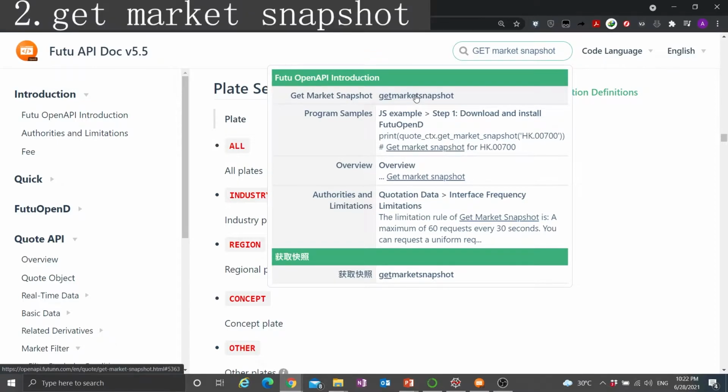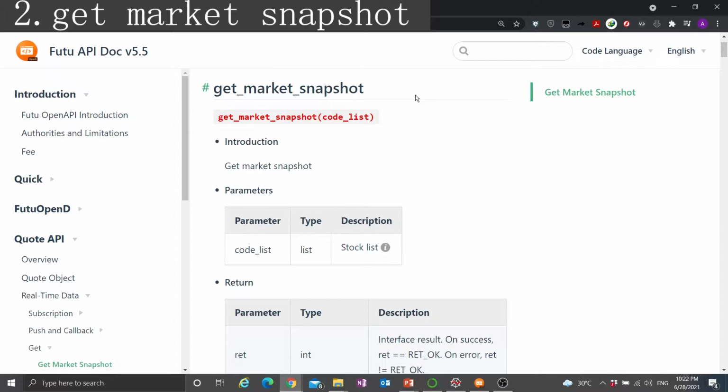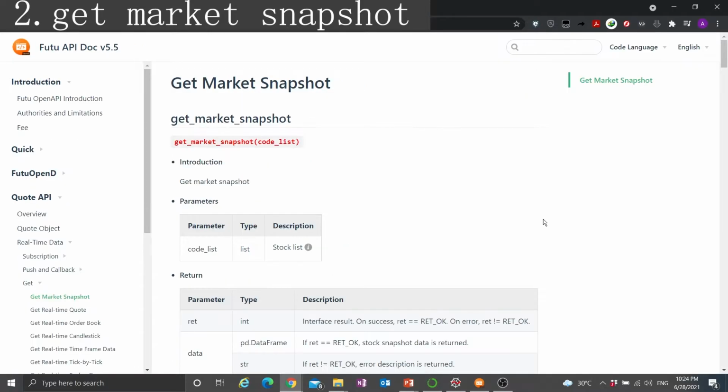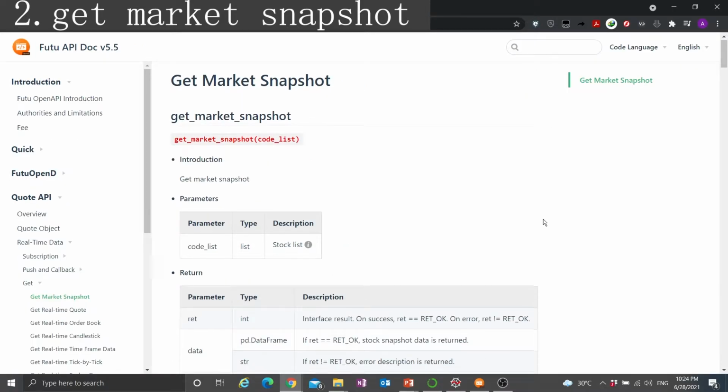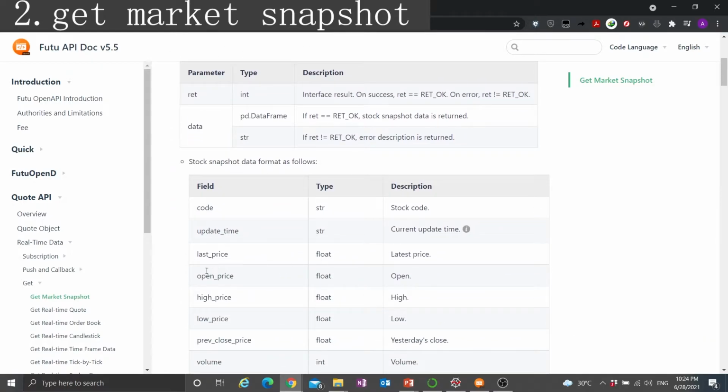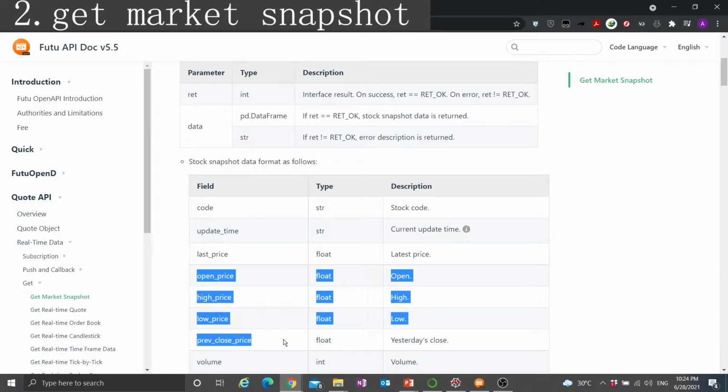Next, let's introduce the second formula, Get Market Snapshot. We can use this formula to get information about the stocks at the present time, so-called a snapshot. You might wonder what information is available from this function. Let's take a look. You see here we have the price data: the open price, high, low, and close price.